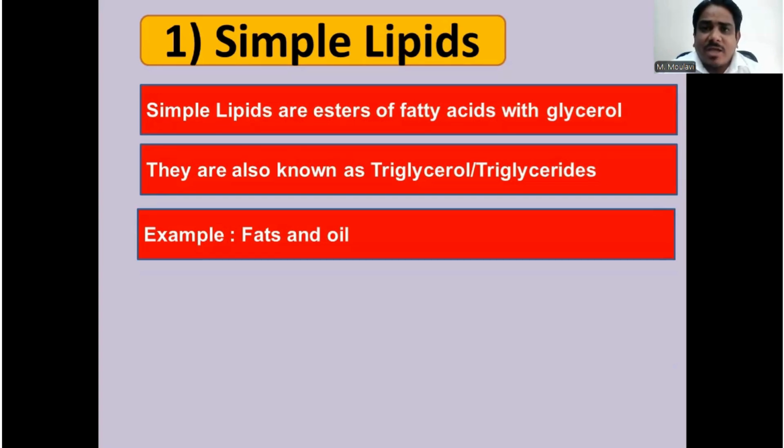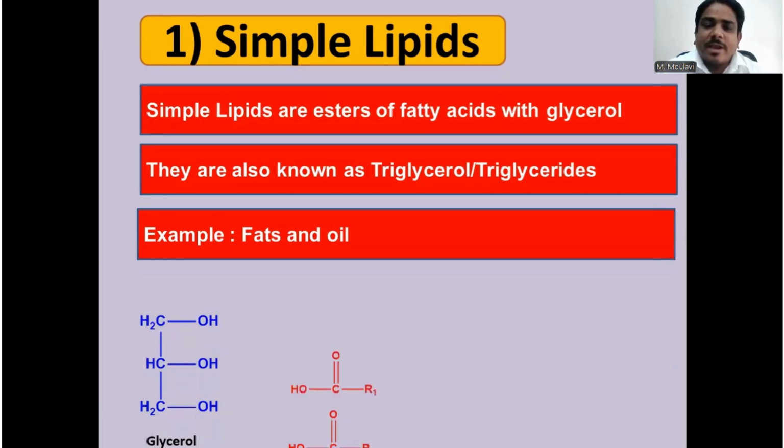We will understand the structure of the simple lipids by using this chemical reaction. This chemical reaction is known as the esterification reaction. The first very basic component of any kind of simple lipid is the trihydric alcohol glycerol. The second component is the fatty acid.